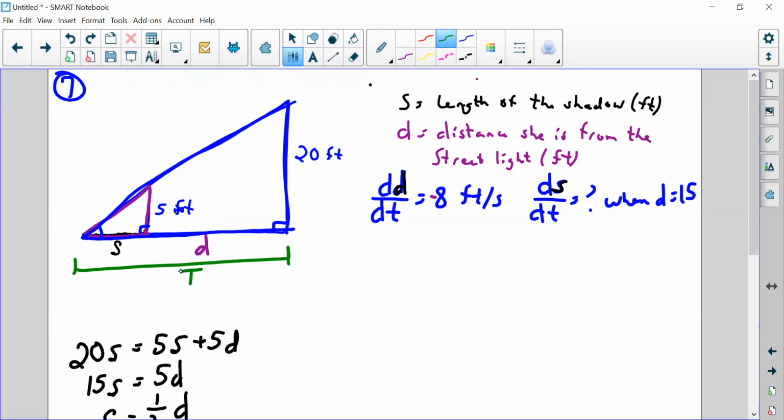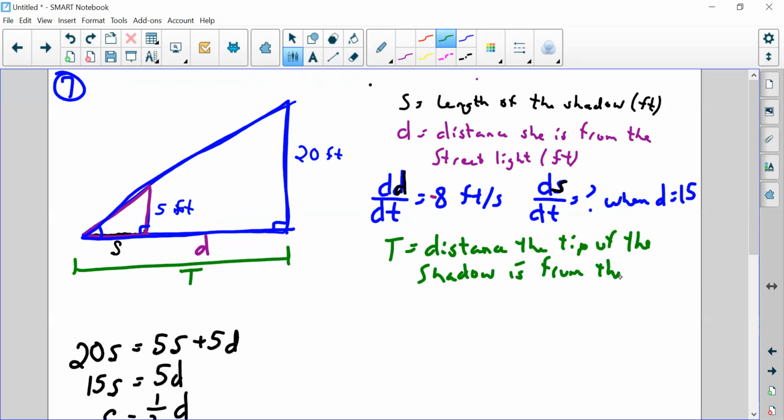So big T is equal to the distance from the light to the tip of the shadow, the straight line. And that's being measured in feet.